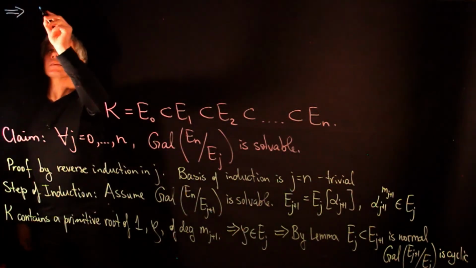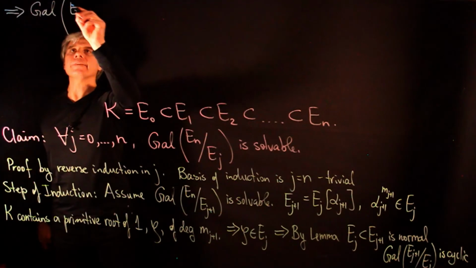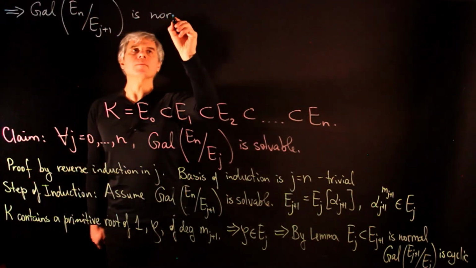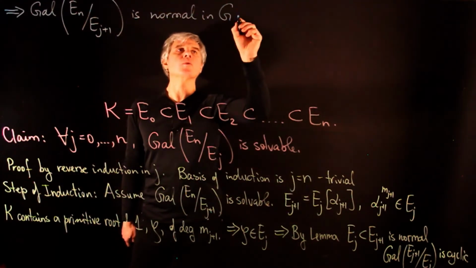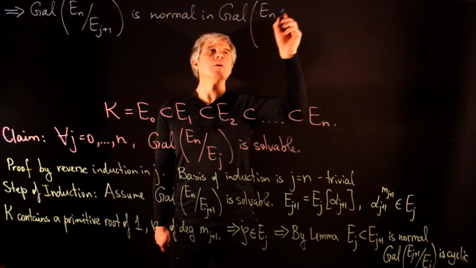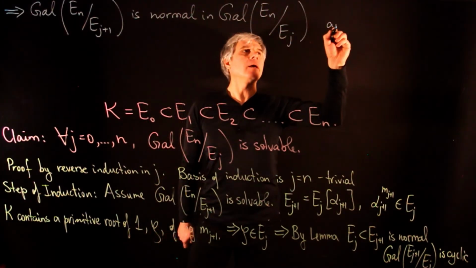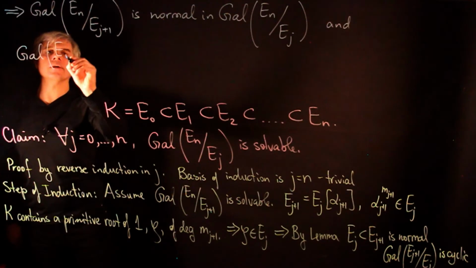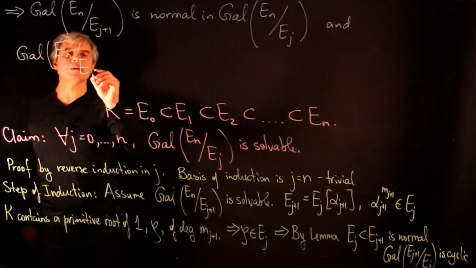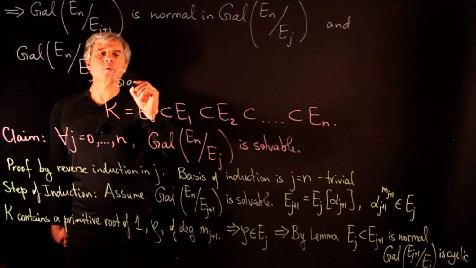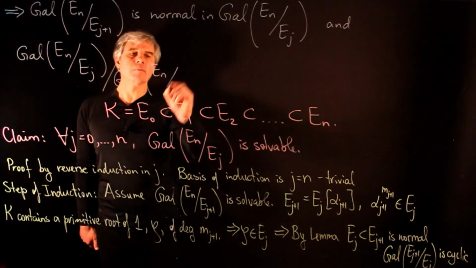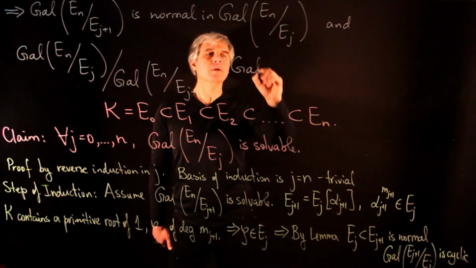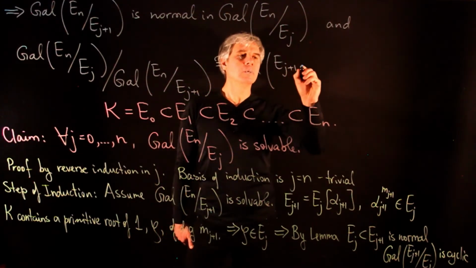This tells us that the Galois group of En over Ej plus 1 is normal in the Galois group of En over Ej, and the quotient, the Galois group of En over Ej quotient by the Galois group of En over Ej plus 1, is isomorphic to the Galois group of Ej plus 1 over Ej.